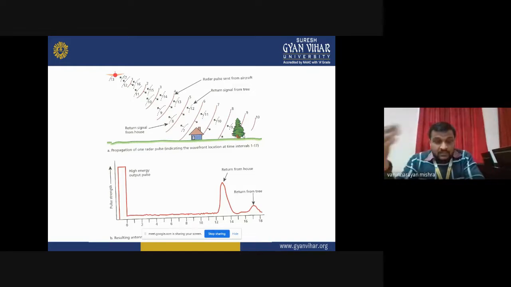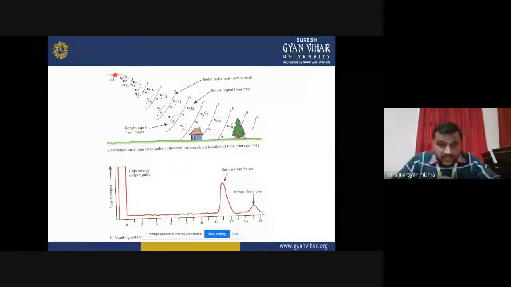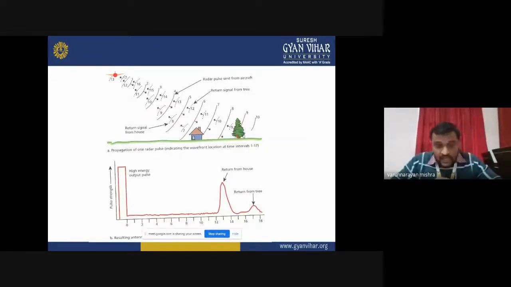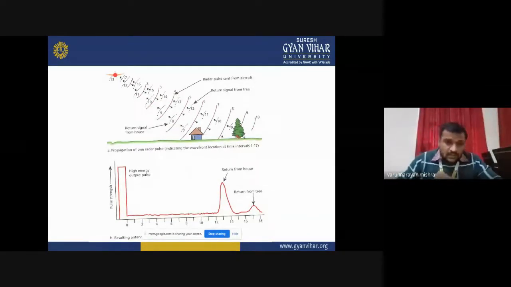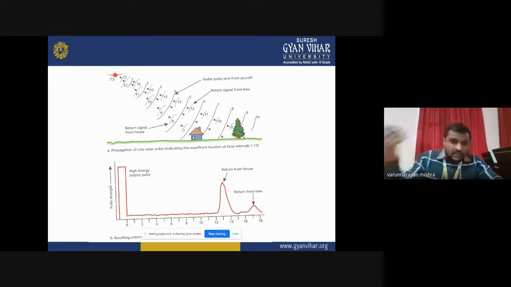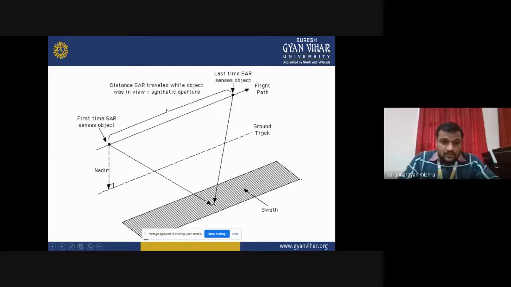The pulses which were transmitted towards the target have a high intensity level, high energy level, but when they interact with the target on the earth surface, there may be some kind of loss of energy, there may be scattering, there may be some kind of absorption and other processes. Because of this, the return pulse will have low intensity, low energy level in comparison to the incoming signal. Okay, this is the concept of the synthetic aperture radar.